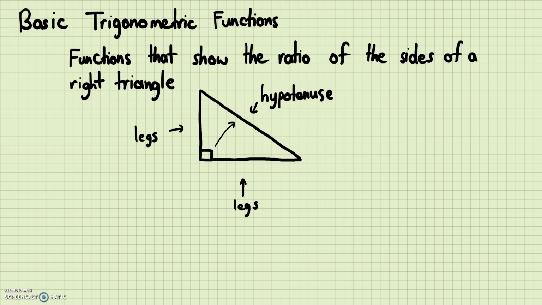But once we start considering angles, so for example, let's consider this angle right here, X. From this angle's perspective, the longest side is the hypotenuse. The opposite side is the side that doesn't touch this angle, the side that is on the other side.